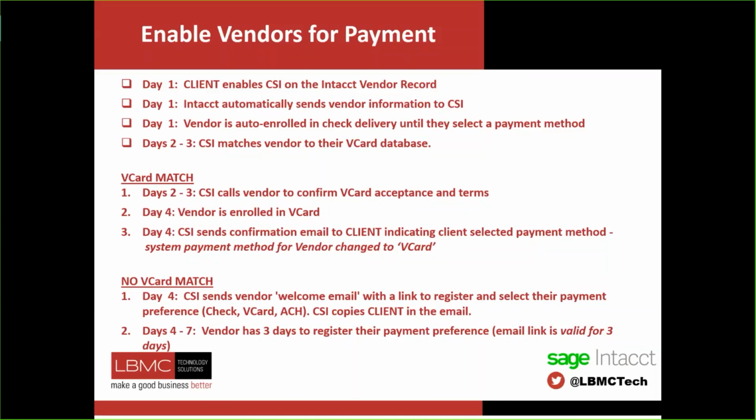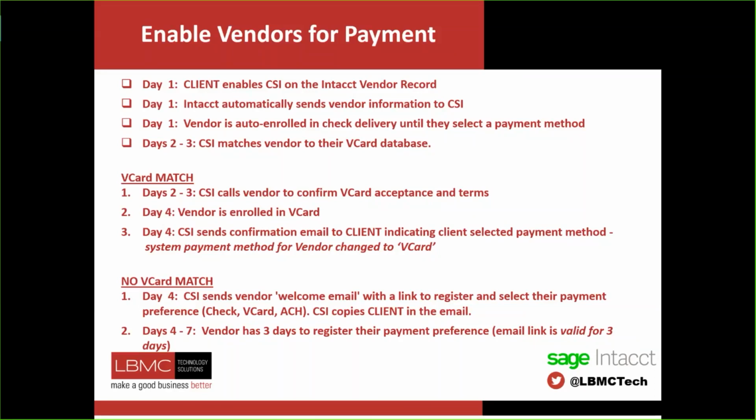And then within CSI, your vendor is going to be immediately enrolled in check delivery as a default. And then CSI is going to further look into that particular vendor to see if that vendor is accepting the virtual cards from another CSI customer.